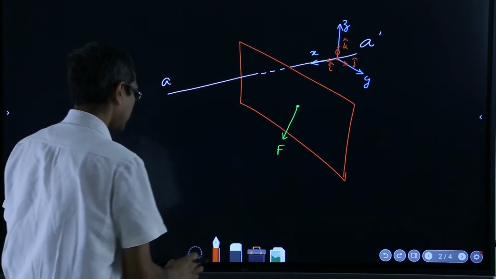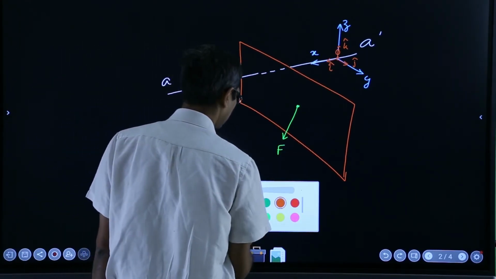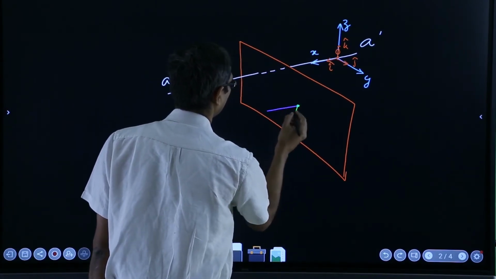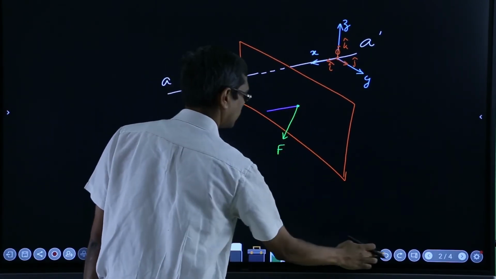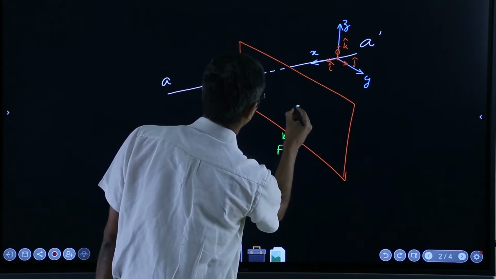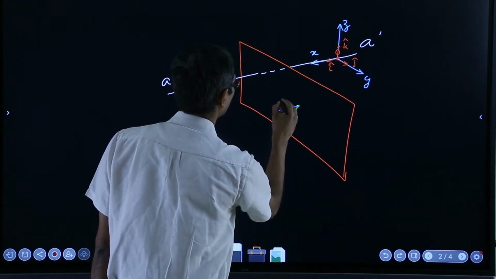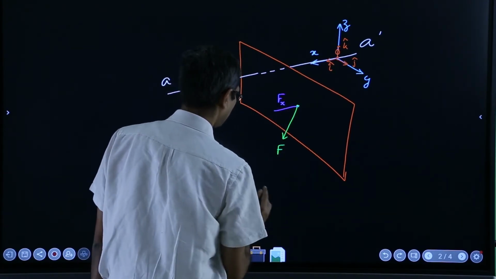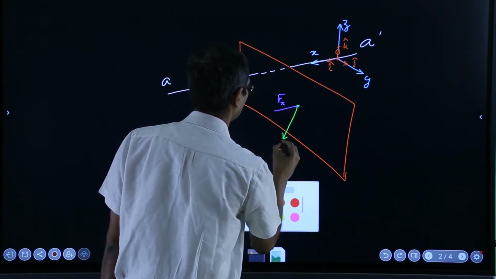Now, if I have to resolve this in three directions, let this be not that much, maybe this much. So, this is say f x. Yeah, so this was a vector.